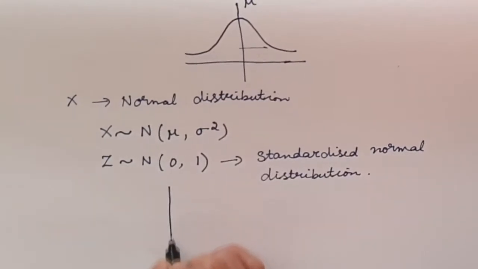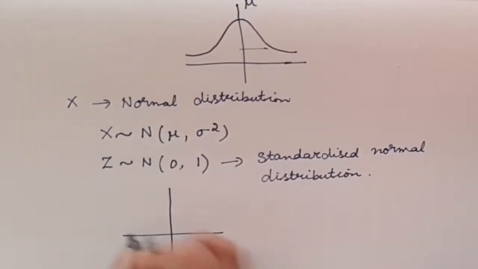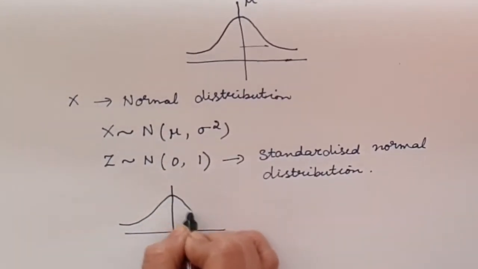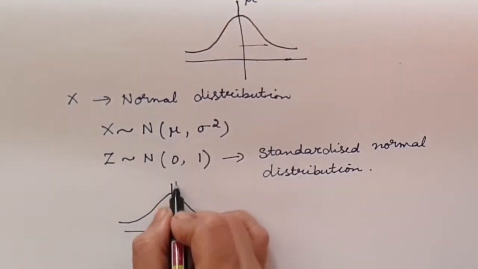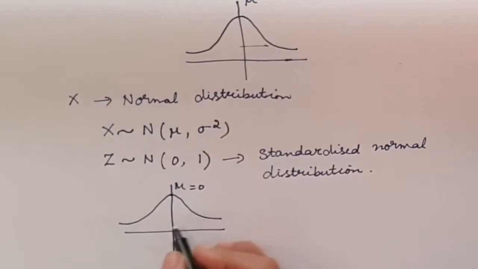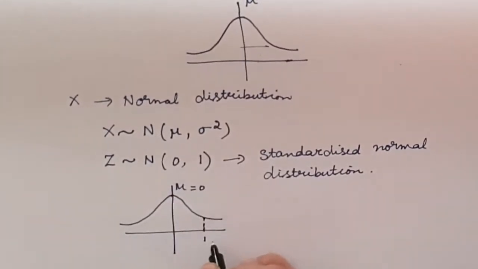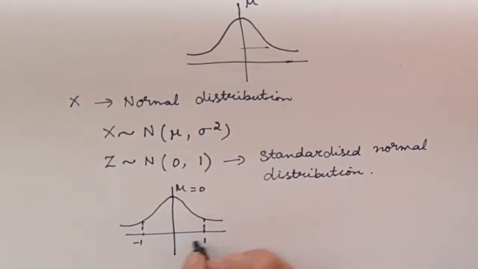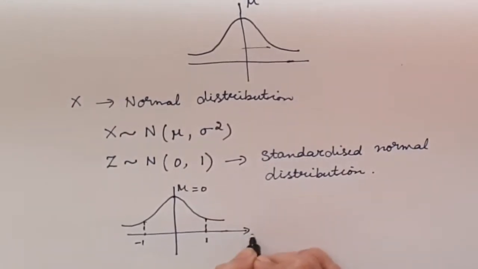The diagram for this standardized normal distribution will be, we have a bell-shaped curve, and here is the mu, the top value, mu equal to 0, and then standard deviation is 1. So to the positive side we have 1, and to the negative side we have negative 1.